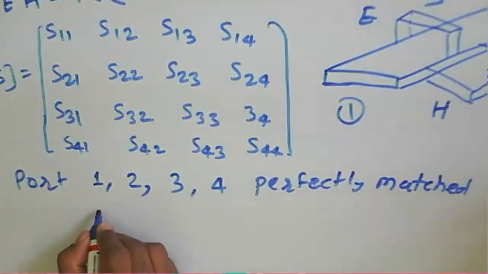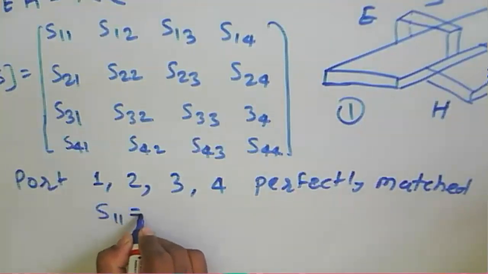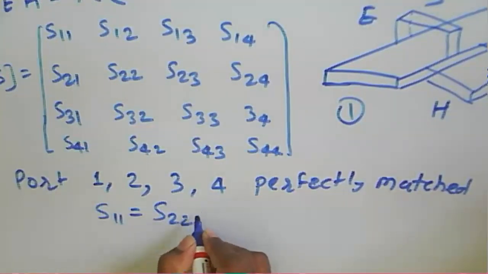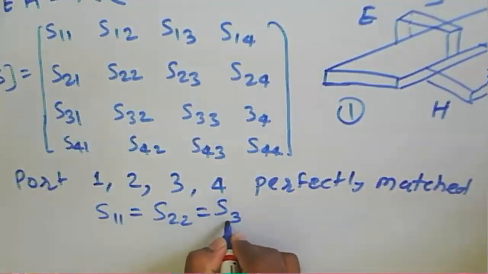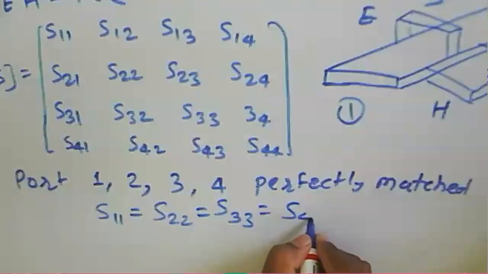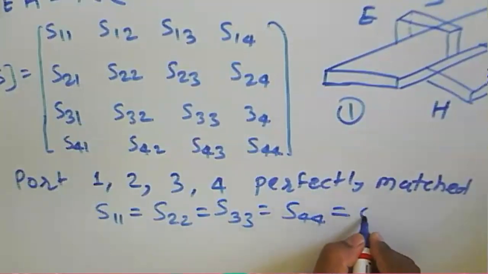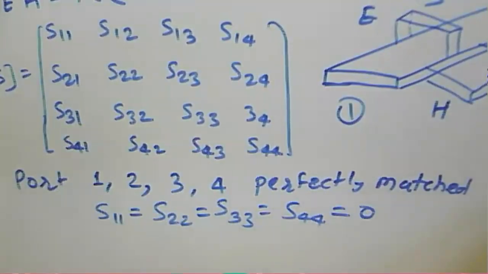So in that case, we write S11 = S22 = S33 = S44 = 0, because all the ports are perfectly matched to the junction, so all these components will be 0 here.